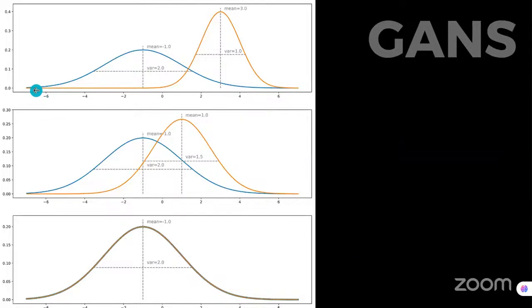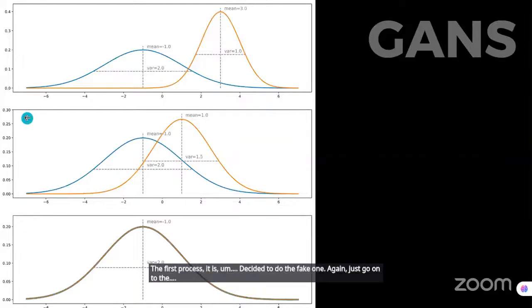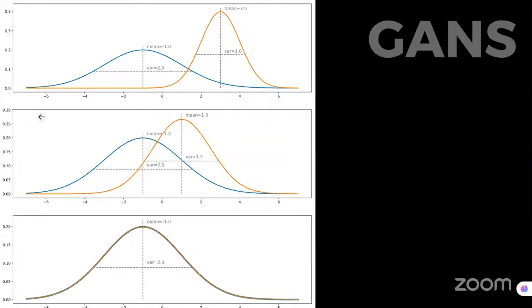Here is an example. Sorry, the blue line is the fake one, the red line is the real one. In the first process, it is decided to be the fake one, so it moves on to the next step. The generated image is first decided to be fake, and it moves on to backward propagation.